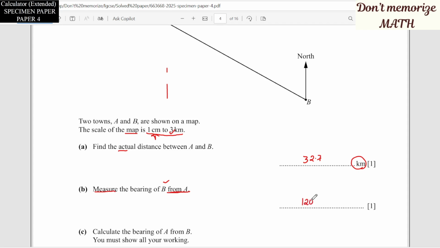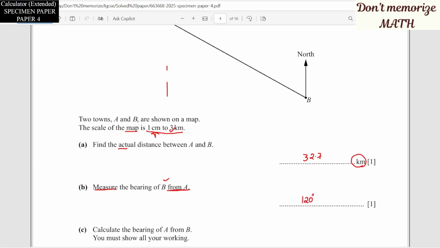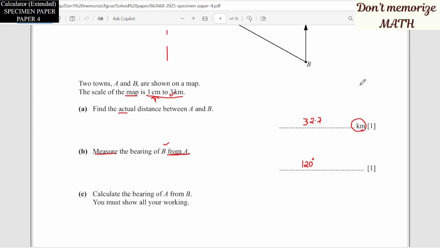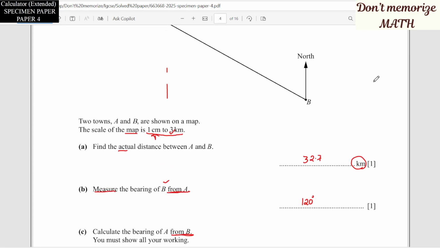So 120 degree. The next one is to calculate the bearing of A from B. It is from B, so at the point B you need to draw a north line. You can move only in the clockwise direction.